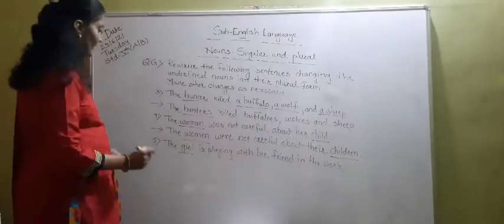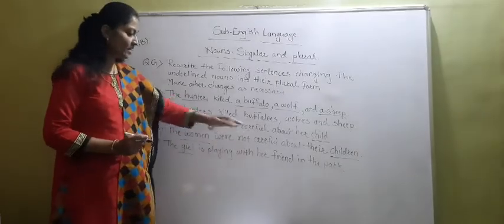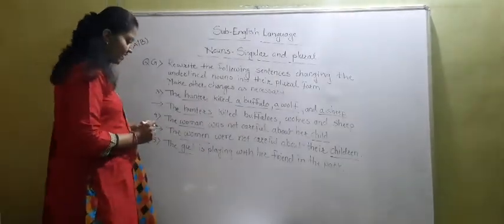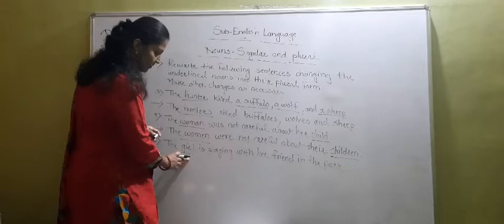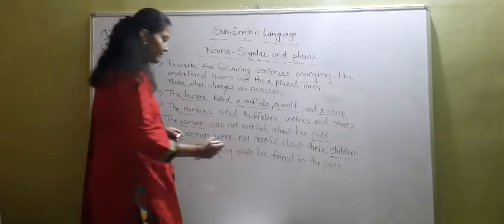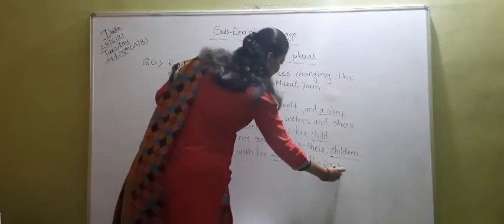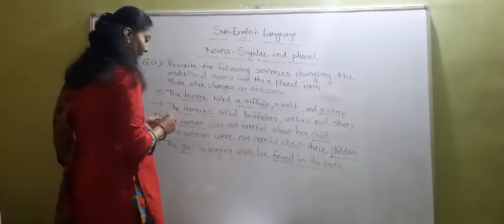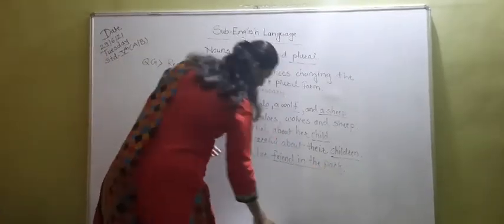The girl is playing with her friend in the park. Now see the words that are underlined. The girl is underlined here, and friend in the park. These words are underlined here.